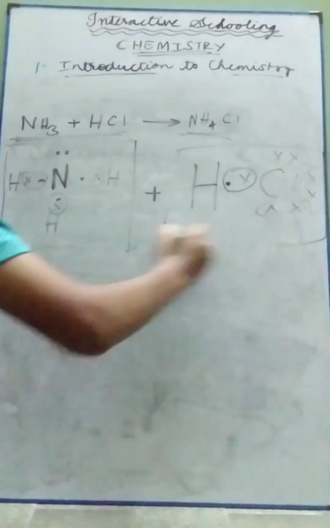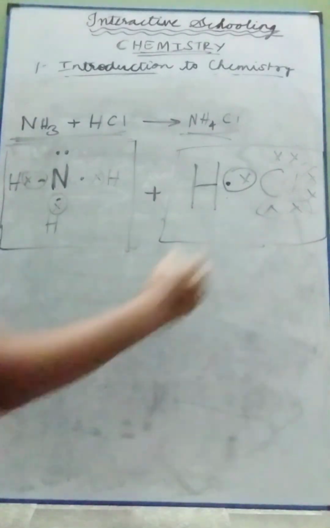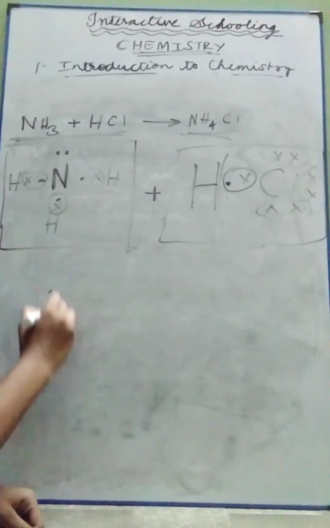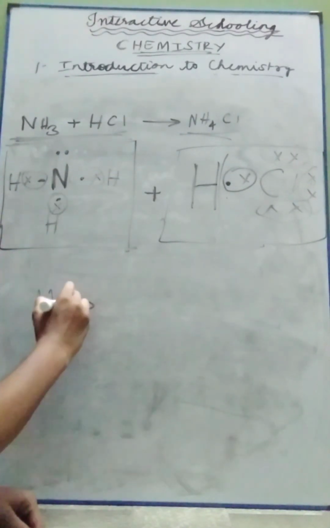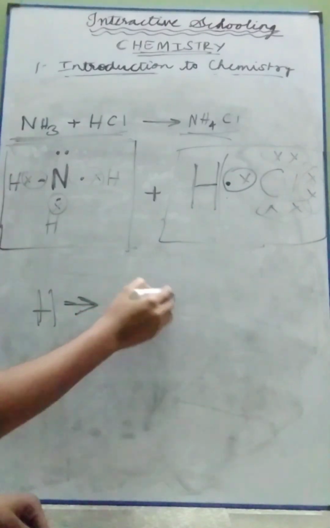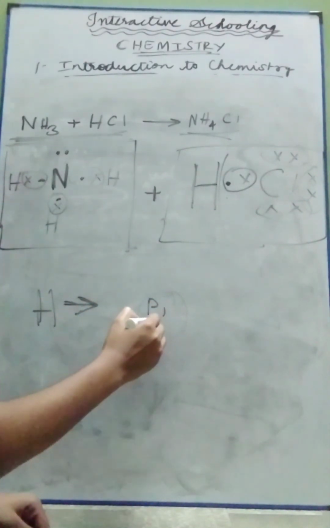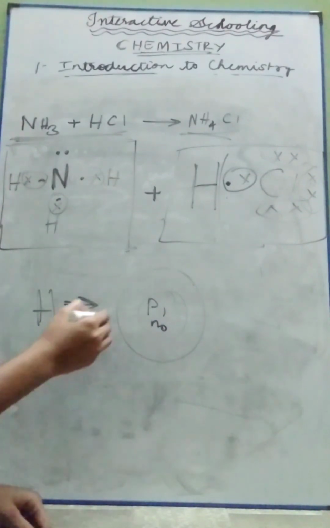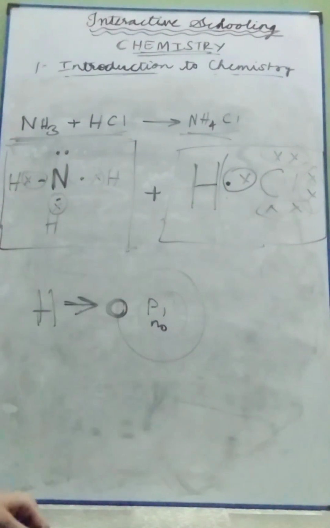So when these two react, this bond gets cut off. So what happens now? Hydrogen atom has 1 proton and 0 neutrons, and it has 1 electron.